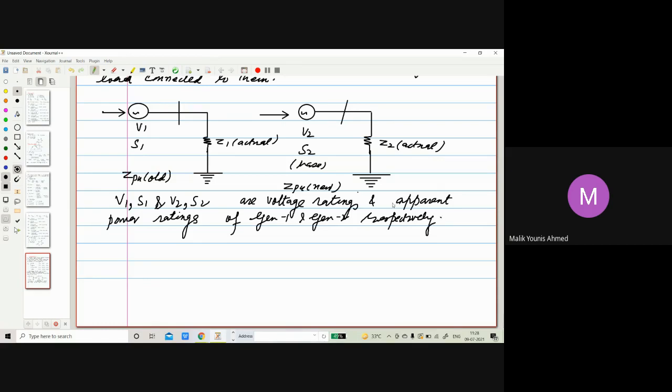So basically they are voltage ratings and apparent power ratings for generator 1 and generator 2 respectively.